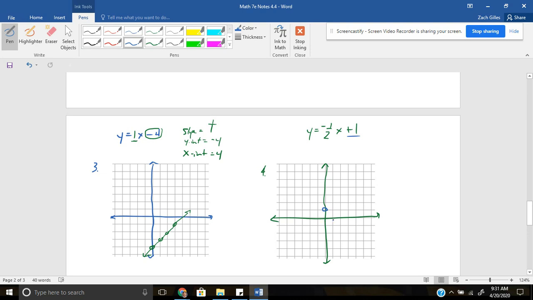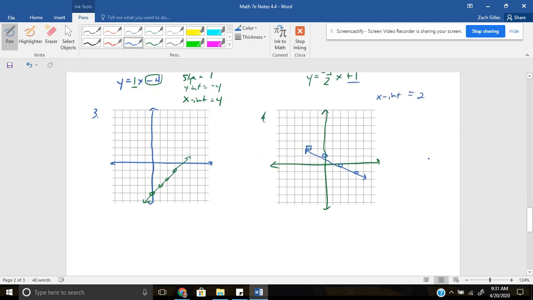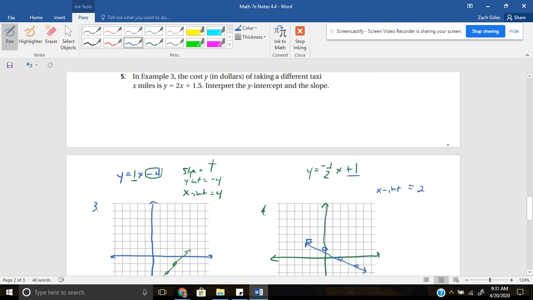Down 1, right 2, down 1, right 2. Right, so that'd be the same as going up 1, left 2. Okay, so here's my line. And my x-intercept crosses at 2. All right, and there you have it for 3 and 4.